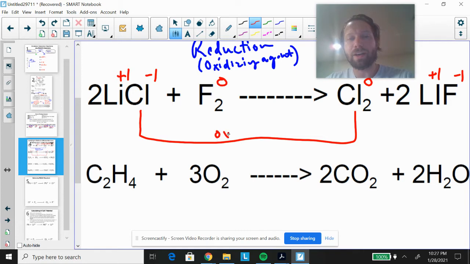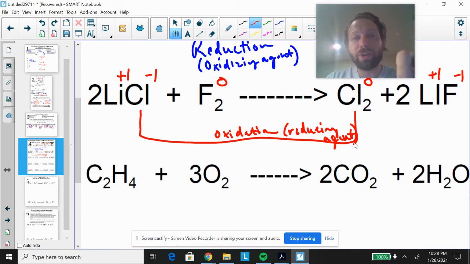Okay, so that is oxidation. Again, that also means that it's the reducing agent. It's the reducing agent because it gives electrons to the substance that's being reduced.